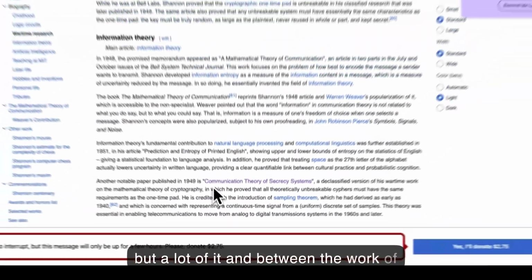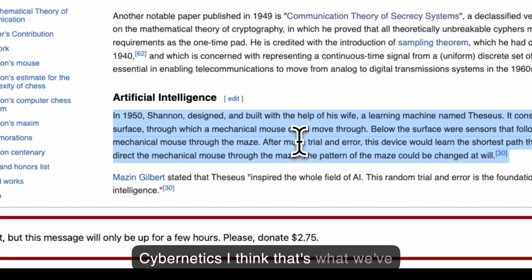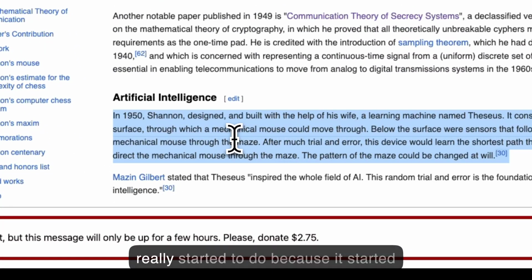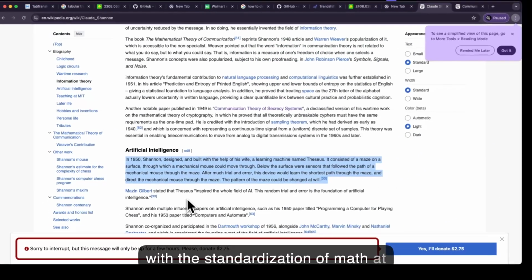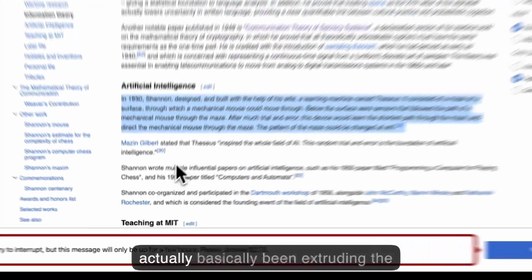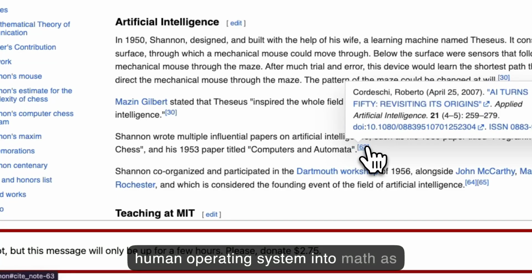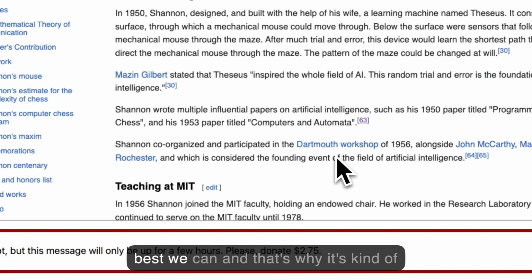And between the work of him, Ashby, and Wiener in cybernetics, I think that's what we've really started to do, because it started with the standardization of math with the difference tables. And then once we got to this level, I think we've basically been extruding the human operating system into math as best we can.